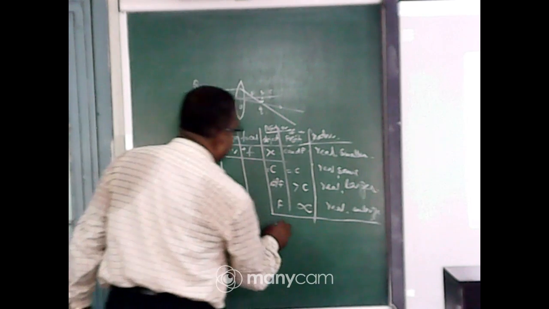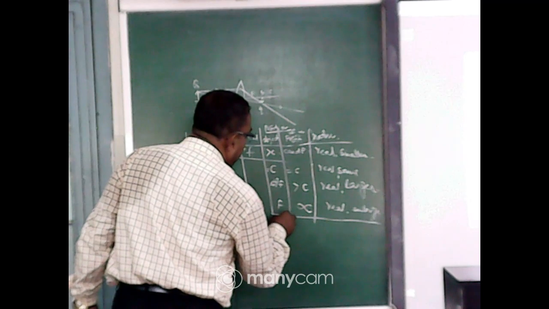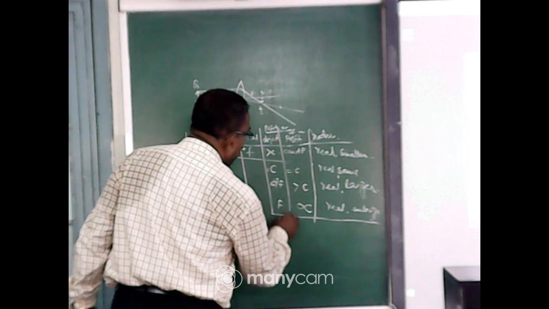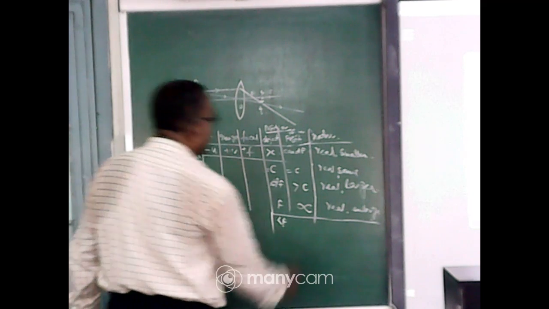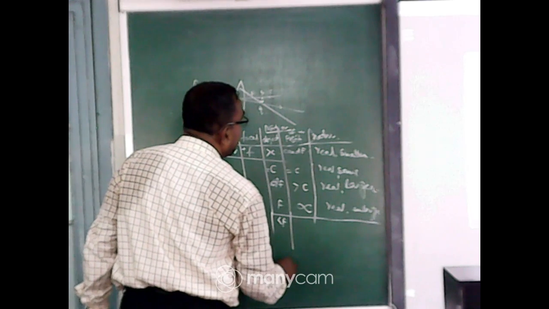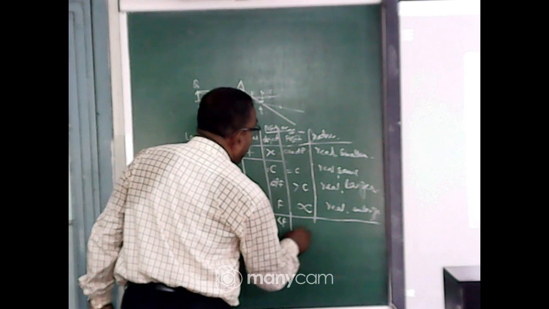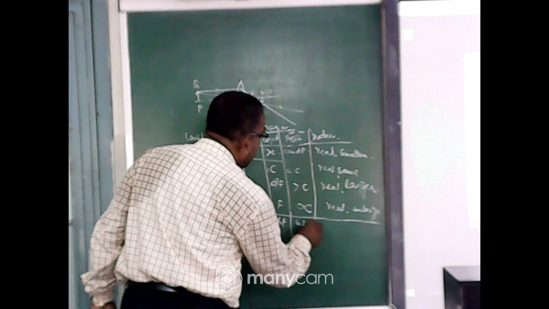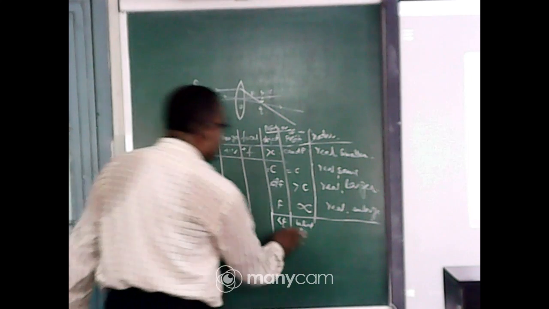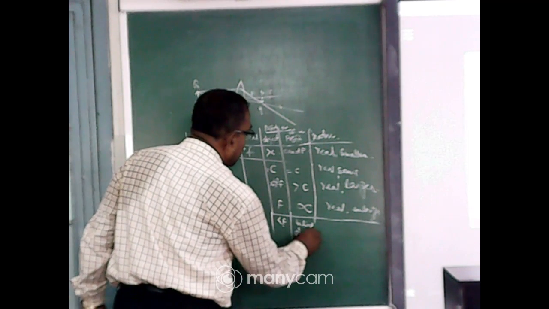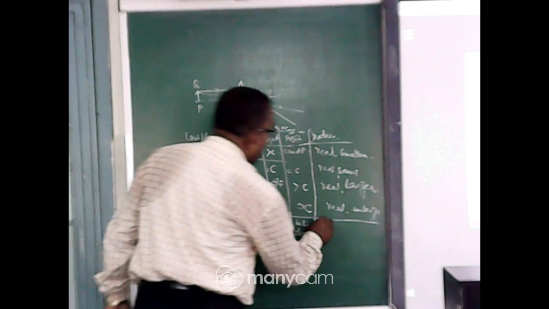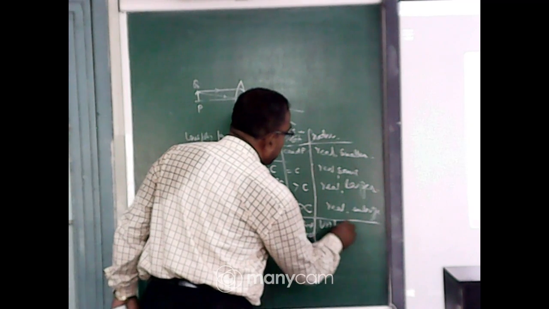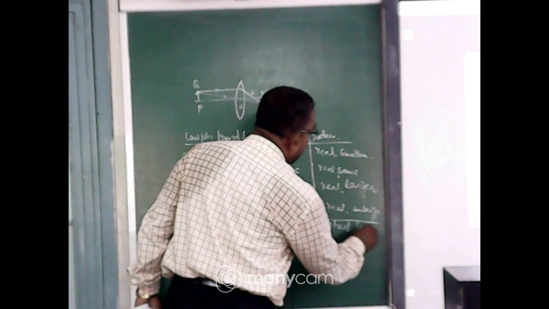Lastly, you know it, less than F, then it will be behind the object, virtual, larger in size.